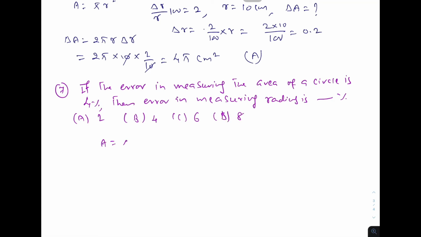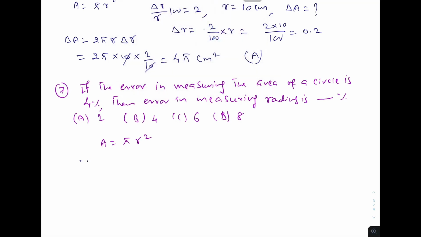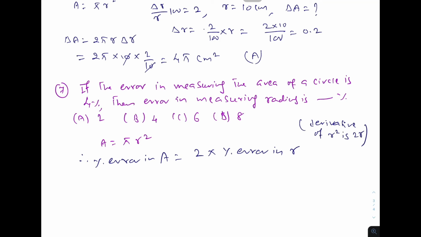Now that is easy. Area equal to pi r square. That means percentage error in A equal to 2 times percentage error in R, because derivative of R square is 2R. So that's all. You are given area error is 4.